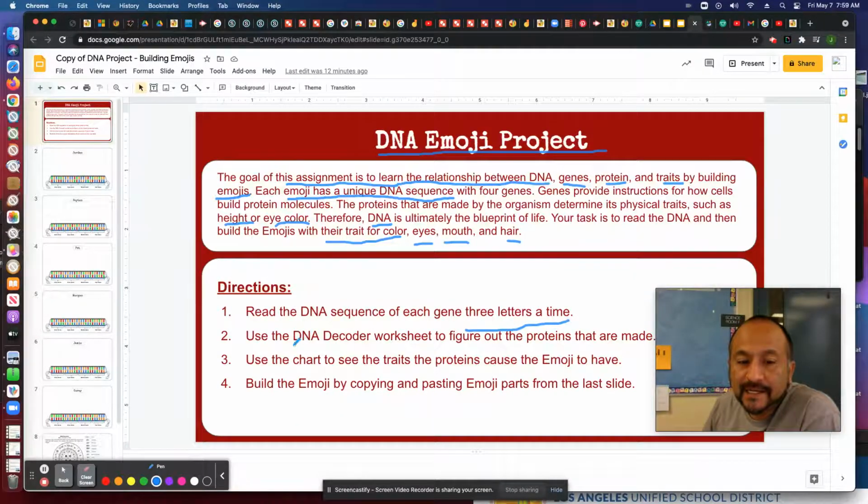We're going to use the DNA decoder, which I will show you in a bit, to figure out the proteins that are made. And we're going to use the chart to see the traits the proteins cause the emoji to have, which is located, I believe, in slide number 9, all the way at the bottom. We're going to then build the emojis by copying and pasting the emoji parts from the last slide.